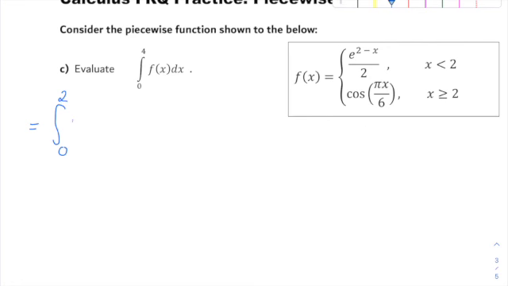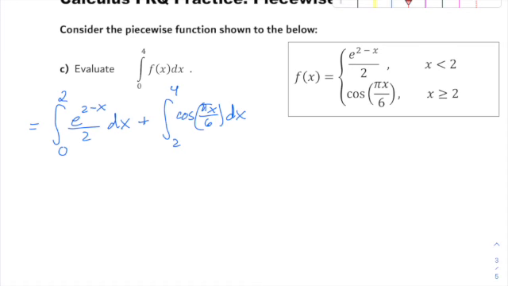So that will be, I'm going to integrate e to the 2 minus x over 2 dx, don't forget your differentials, plus from 2 to 4, it's going to switch to cosine of pi x over 6 dx, and I have to evaluate those, and I've been approaching this from a non-calculator standpoint, so let's work on our integration, right?